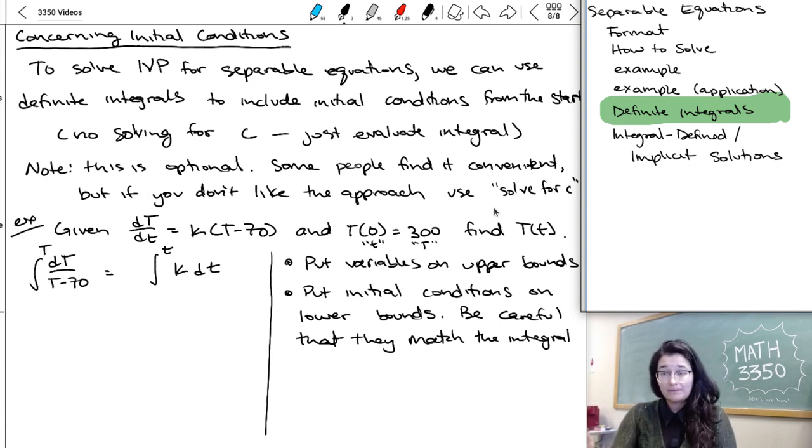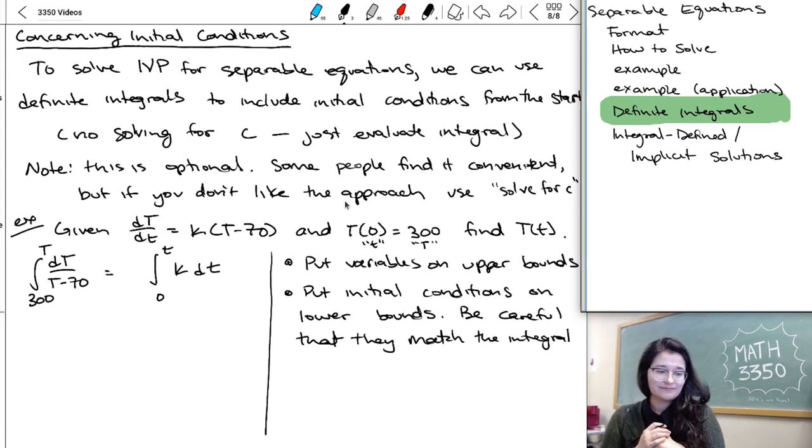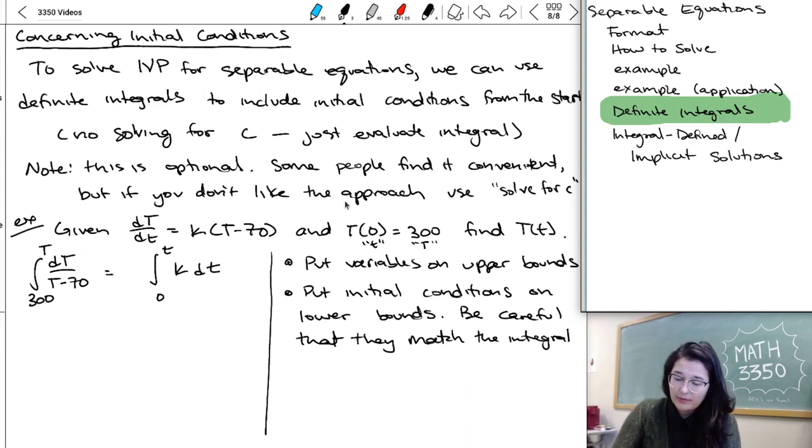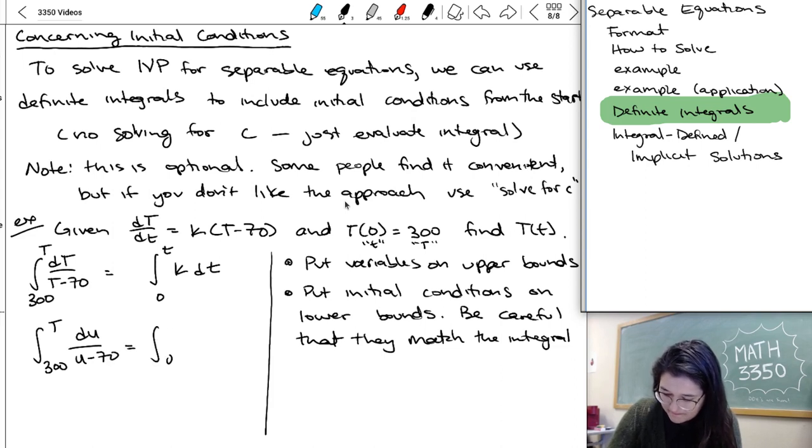So my big T variable is 300 to start, and my little t variable was 0 to start. And then this isn't technically correct the way it's written. A lot of people are happy to solve it this way, and if it doesn't bother you, don't worry. But some people like to use placeholder variables.